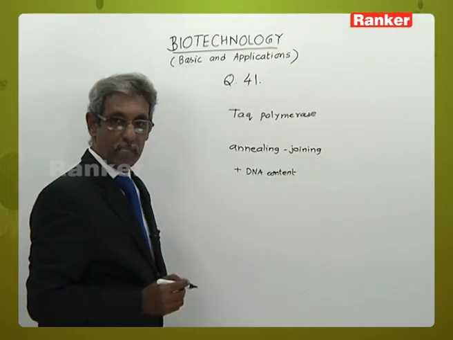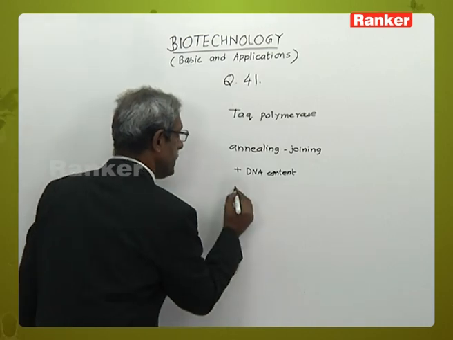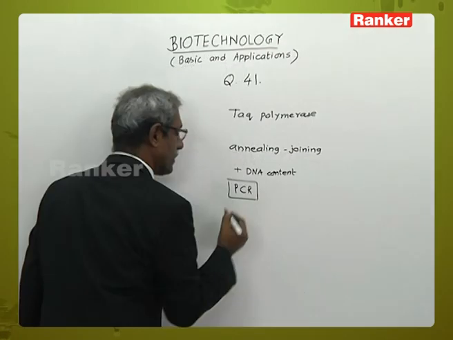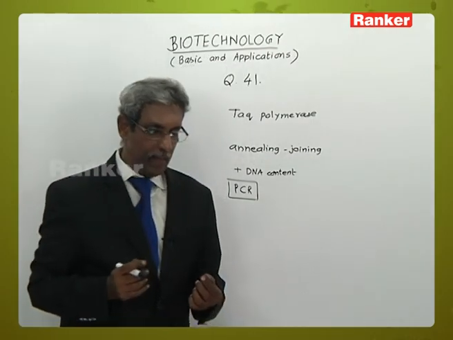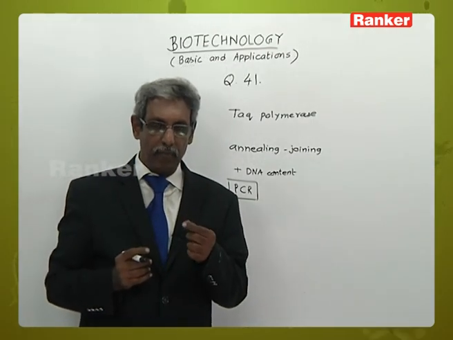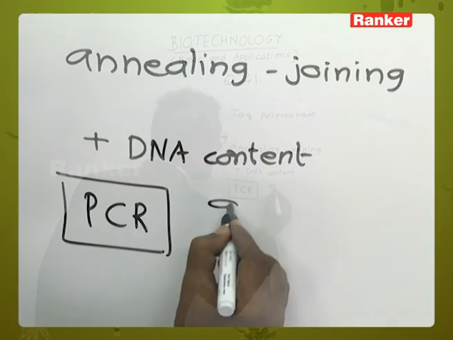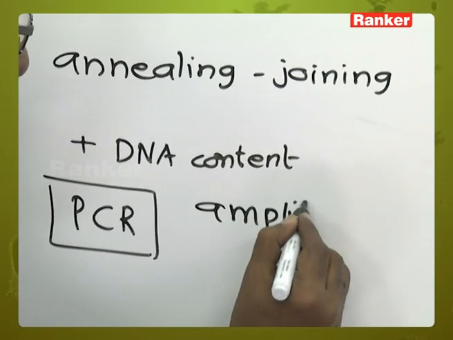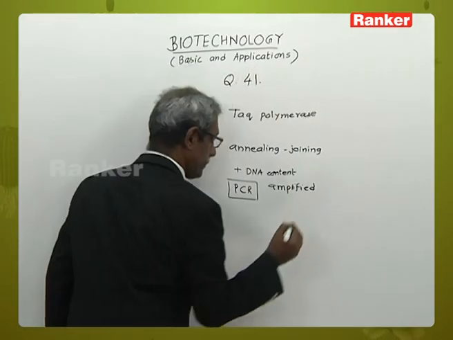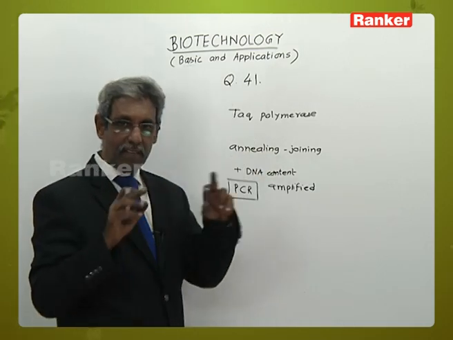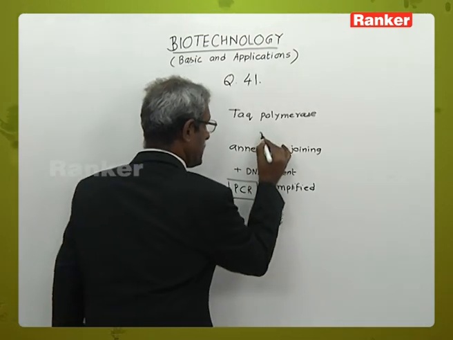So, Taq polymerase is a basic enzyme which is used in polymerase chain reaction, in PCR. In polymerase chain reaction, a small gamut of the DNA is put and it is amplified. It is amplified by both annealing as well as by renaturation studies.